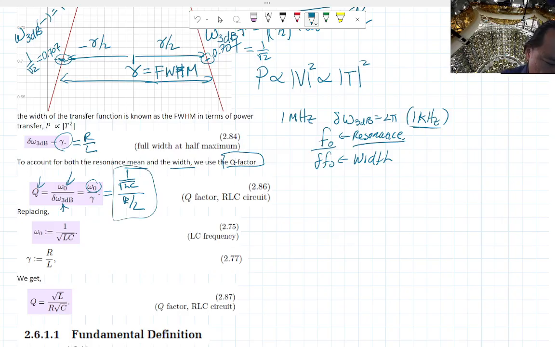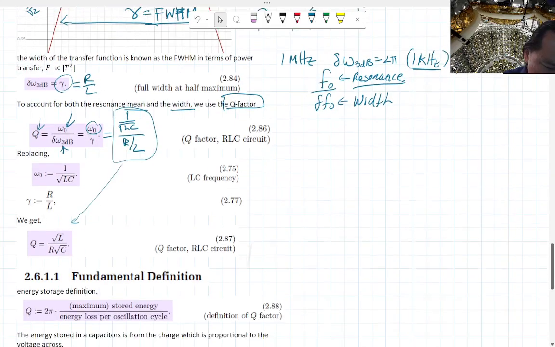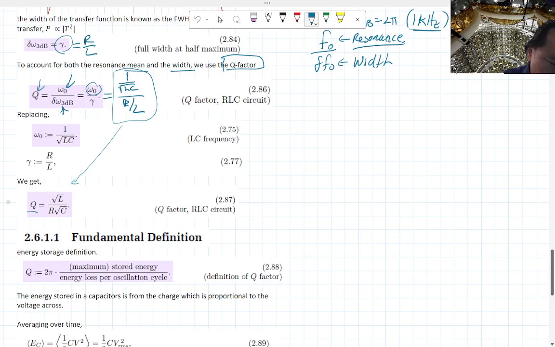Okay, you calculate this, simplify a little bit. The Q factor is actually square root of L over R divided by R times square root of C. Okay, so you can actually calculate this Q factor using your L, your R, and your C value of your circuit.